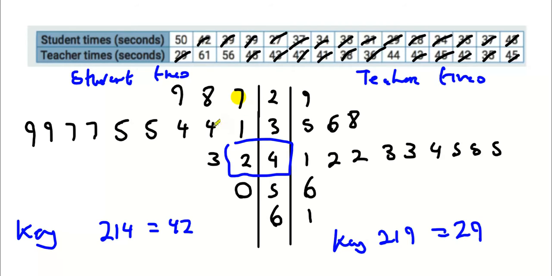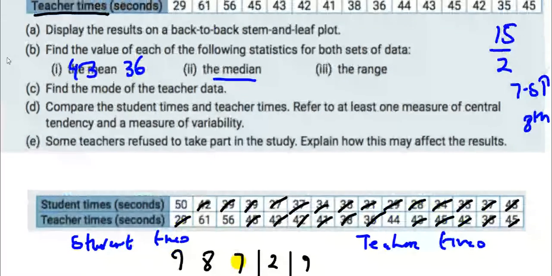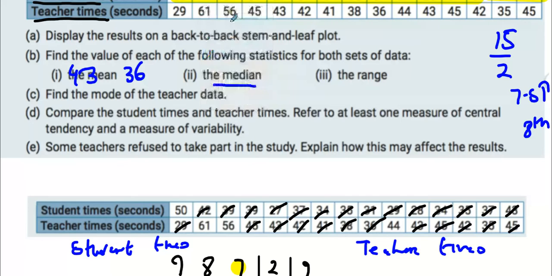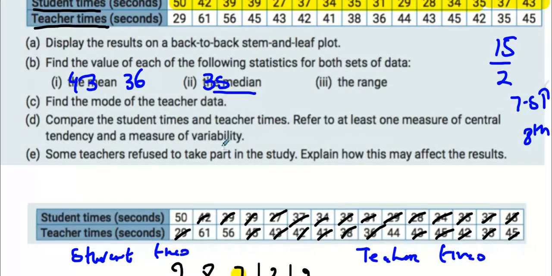There's 3, 4, 5, 6, 7, 8. 35 for the students. 1, 2, 3, 4, 6, 7, 8. 43. So 35 for the students and 43 for the teachers.